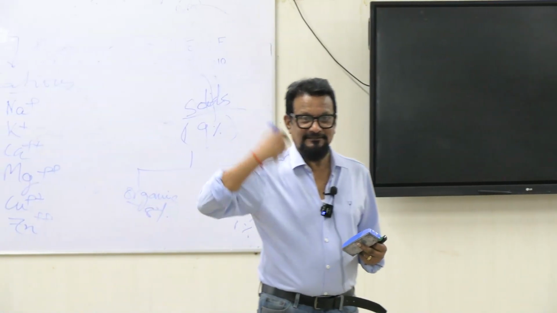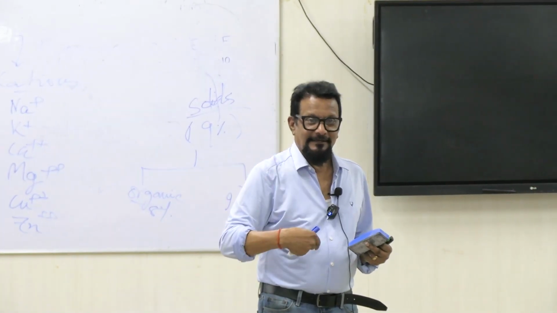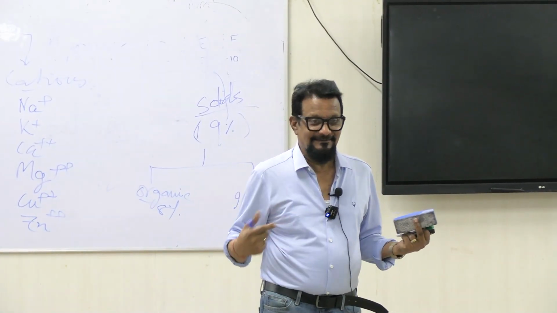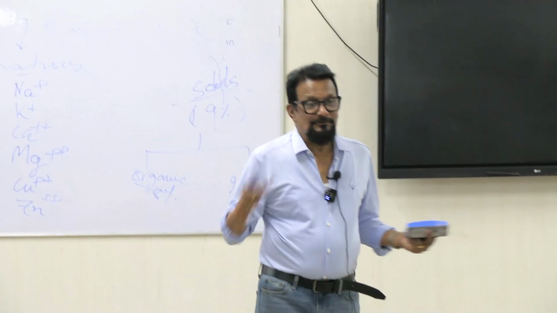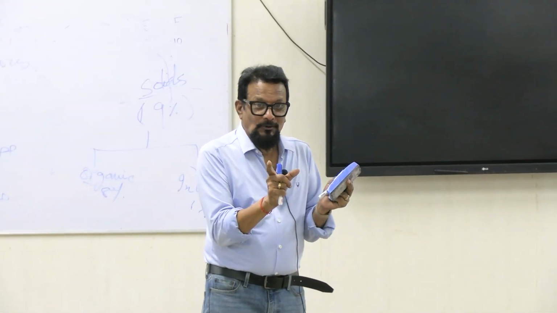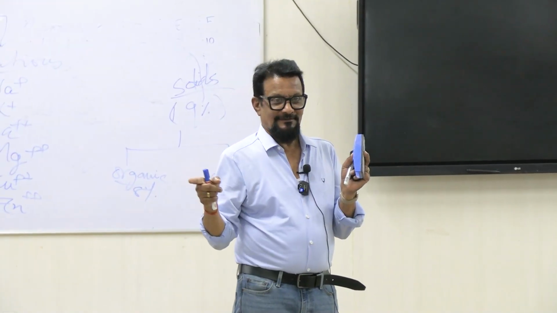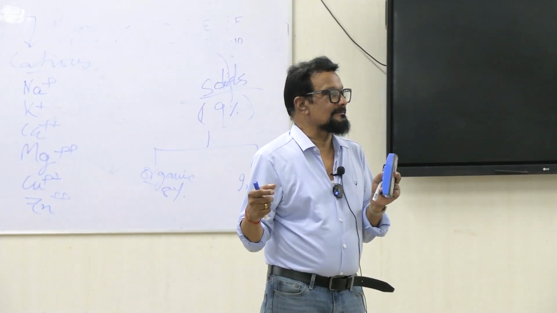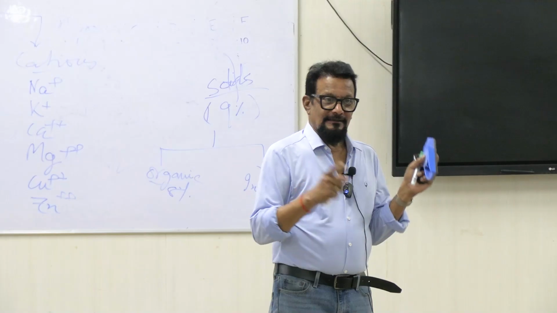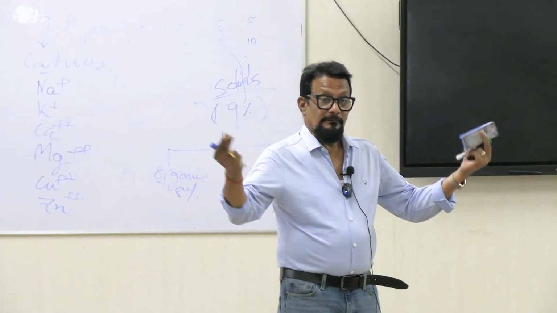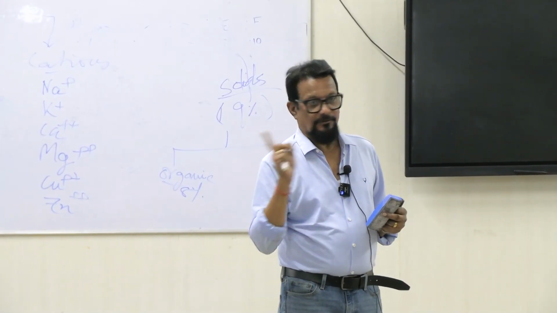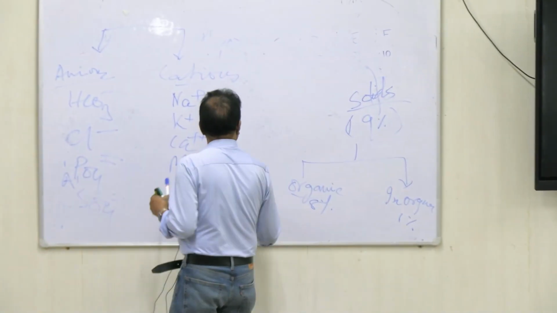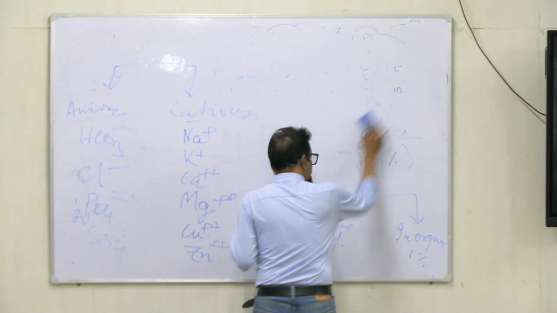Any variation, any pathological condition, will create havoc in different organs, particularly brain and heart, and other tissues. You have to know the normal range of these ions, be it anions or cations, because a small variation beyond the range is going to affect your body. Now I am coming into organic.